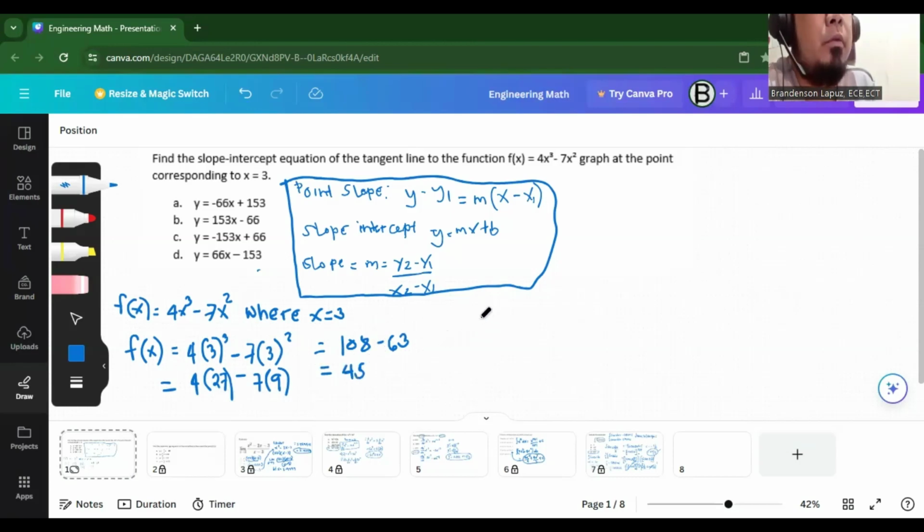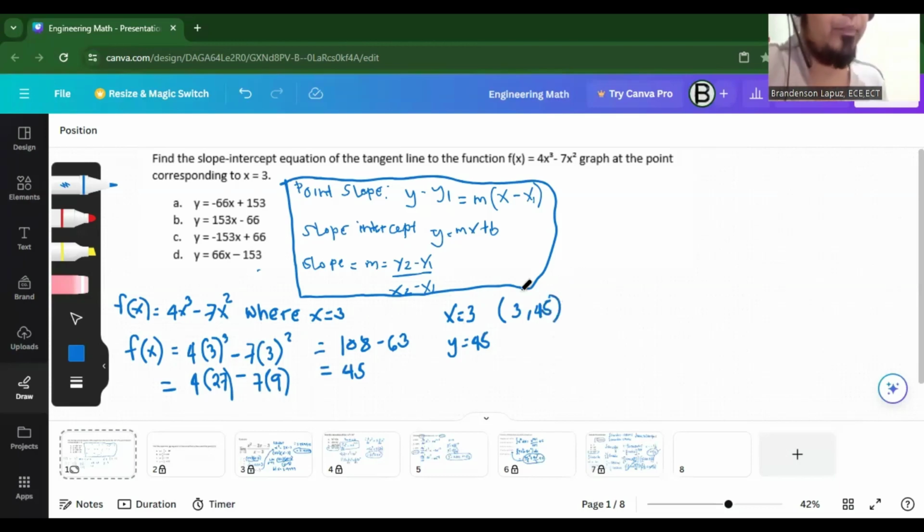Now, we have already the x and y value. So our x is equal to 3 and our y is equal to 45. So the point is 3, 45.